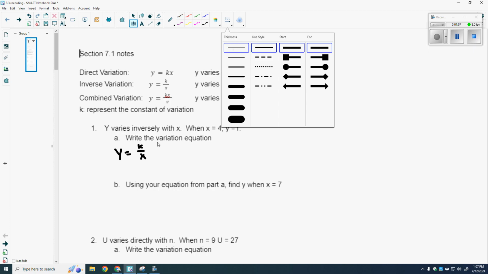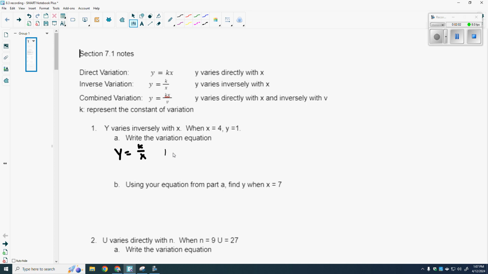Okay, and now I'm going to plug in my value for x and y. So 1 is my value for y, k is what I need to find, and my value for x is 4. So put 1 in for y and 4 in for x into my generic y varies inversely with x equation.